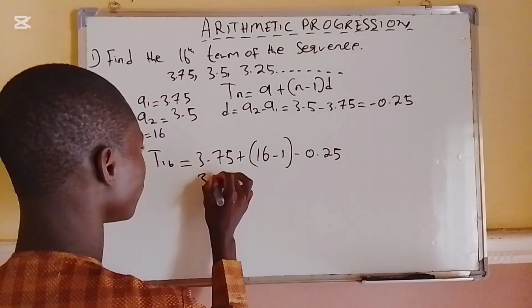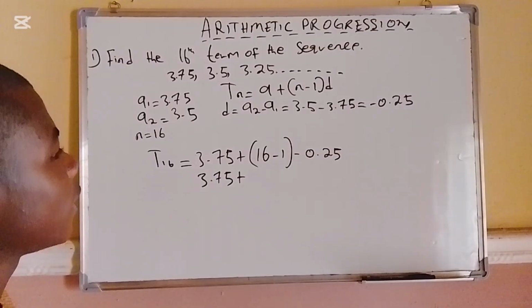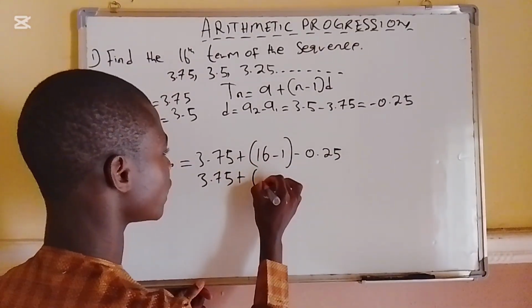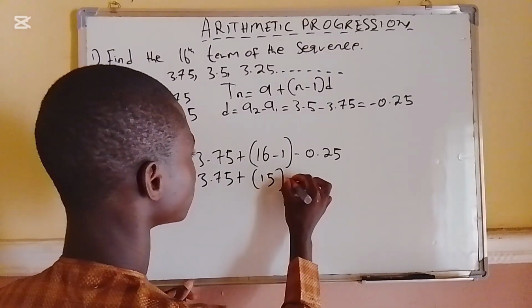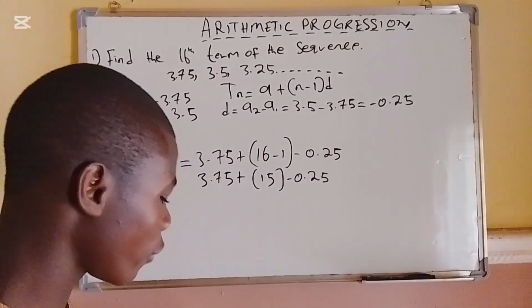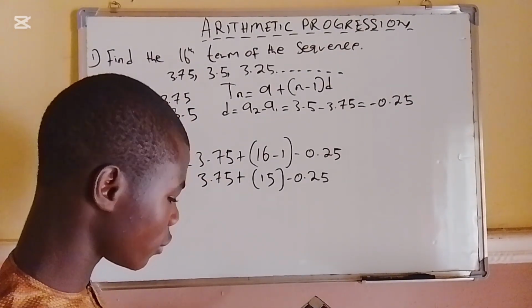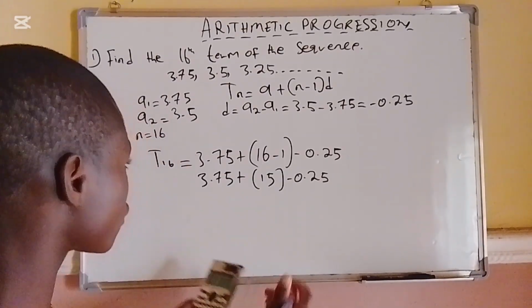So 3.75 plus, 16 minus 1 is equal to 15, multiplied by minus 0.25.